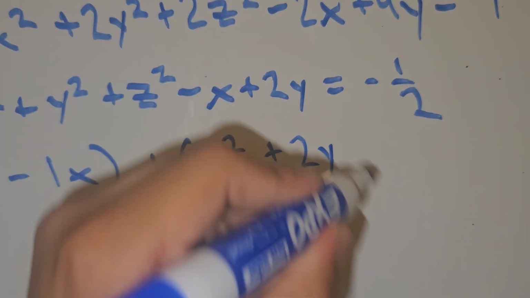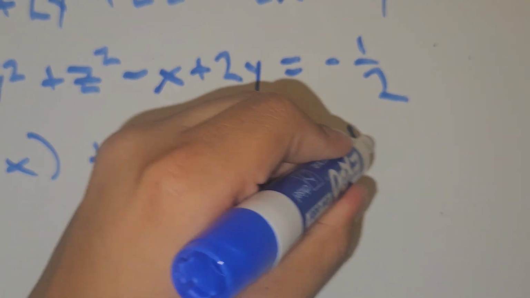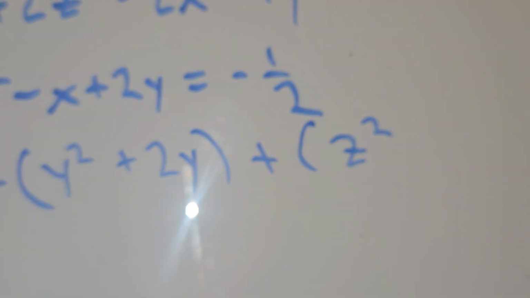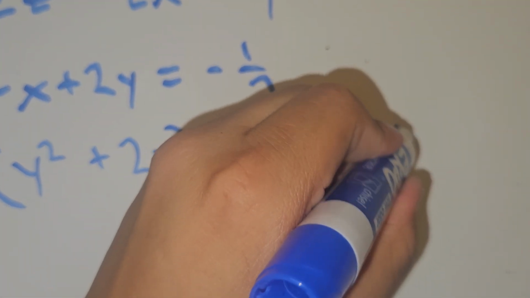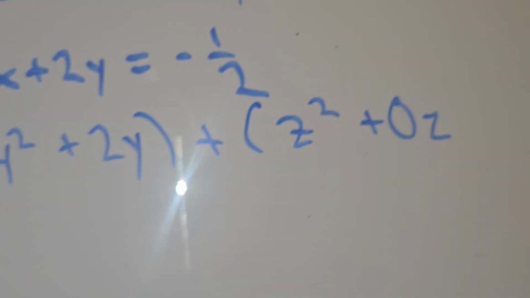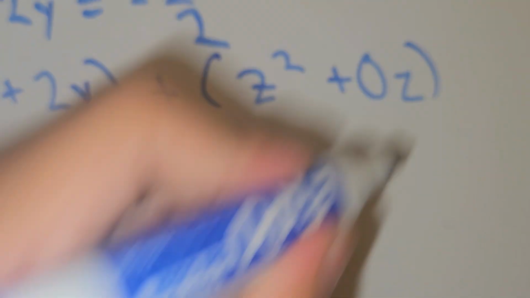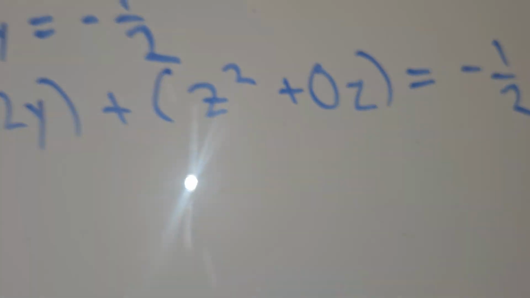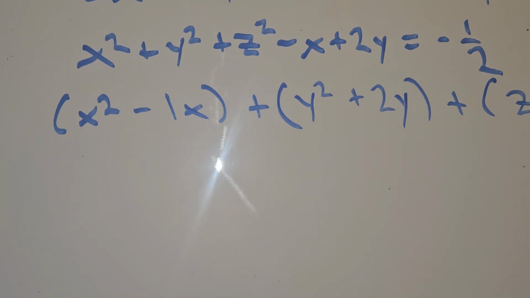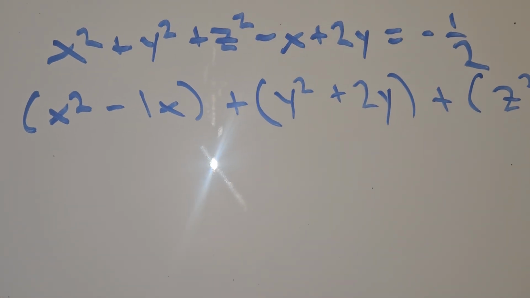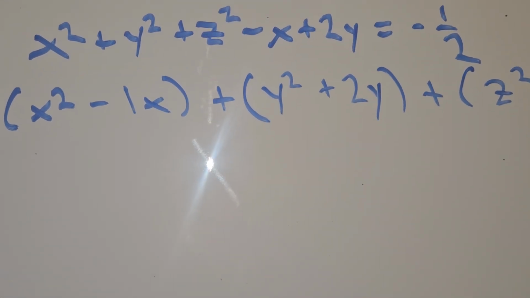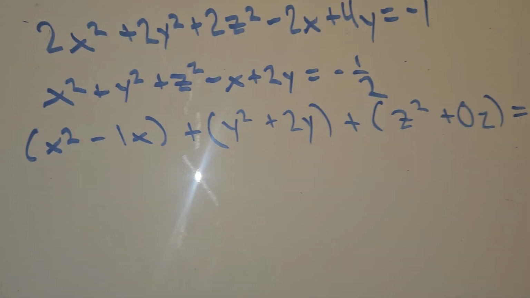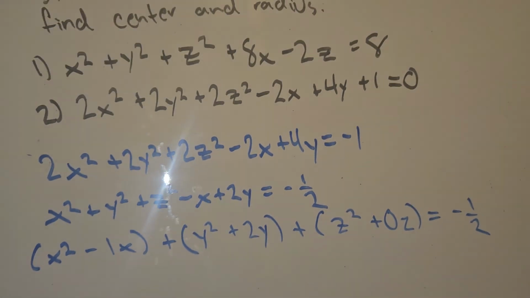Do we have any other y's? No, that's it. Plus z squared. I like to put a 0z, just as a placeholder, just so I don't get confused, minus negative 1/2. Now let me check if this is correct. Yep, y squared plus 2y. All right, z. All right, so everything seems fine.